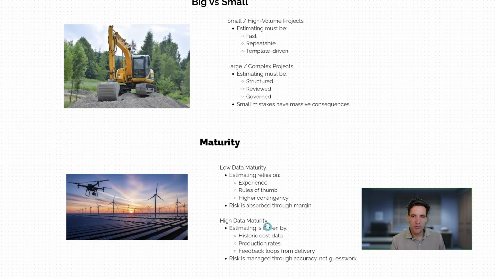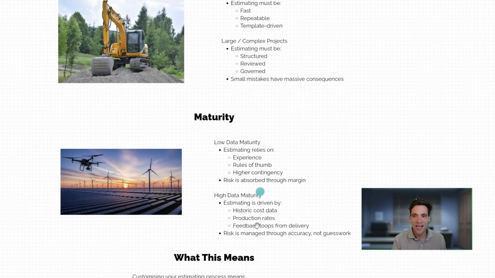The next one I would talk about, which isn't a split between big versus small, because I've been at big companies that have terrible data maturity, and I've been at small companies that have very good systems to track productivity and cost. But basically, it's how good is your input data. Obviously, the tender package you can only do so much about. Depends on your client. But even small contractors can set up estimating systems where pricing is driven by historic cost.